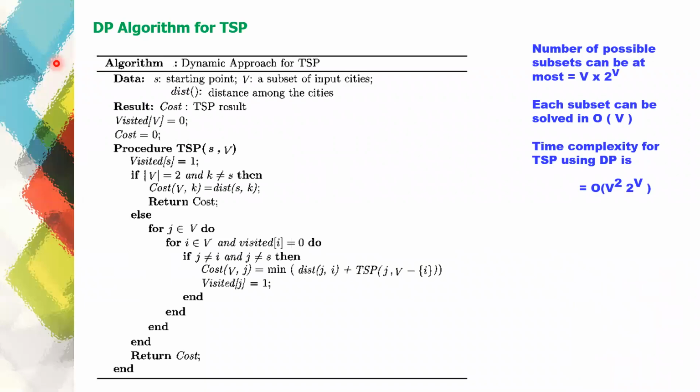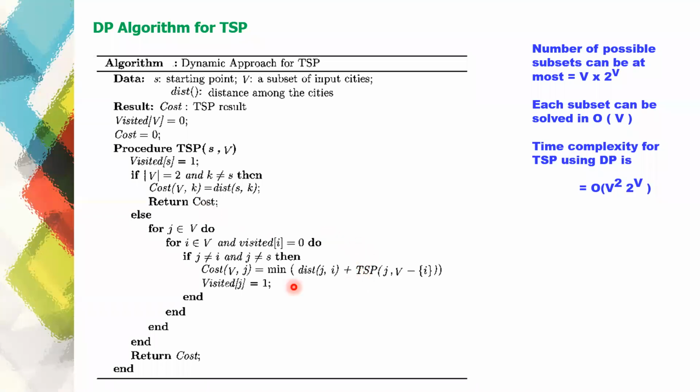So for that, this is the formula. If the number of cities in the cost function is 2, then I'm going to stop the recursion. I'm going to find out the cost and return the cost. Otherwise, if in the cost function there are more than 2 cities, then I'll have to apply the recursive formula.